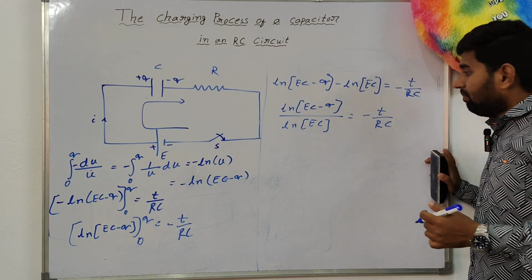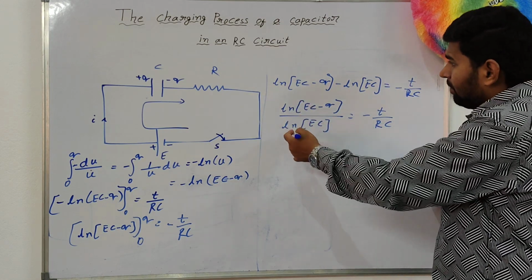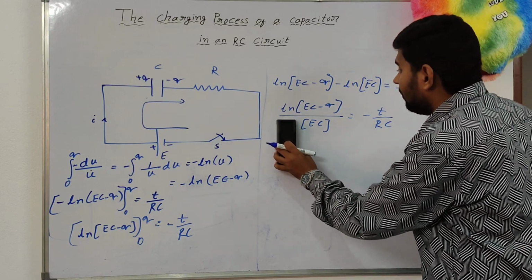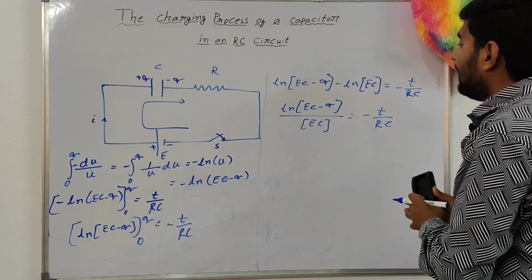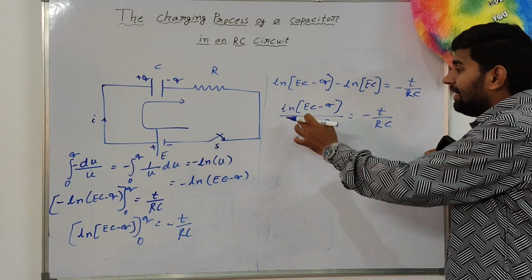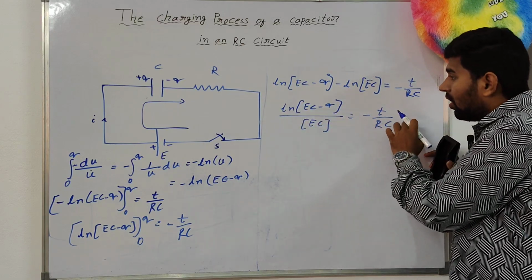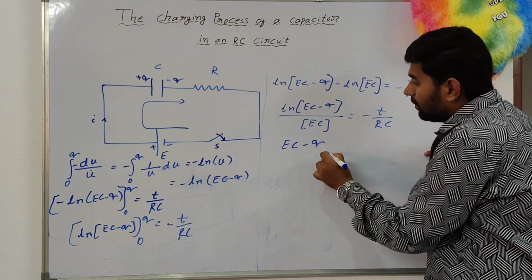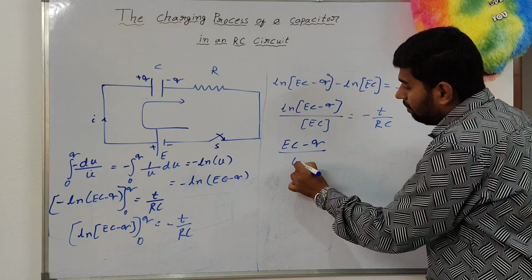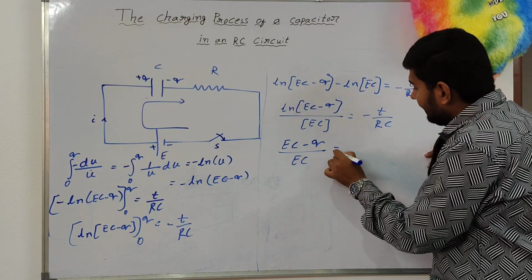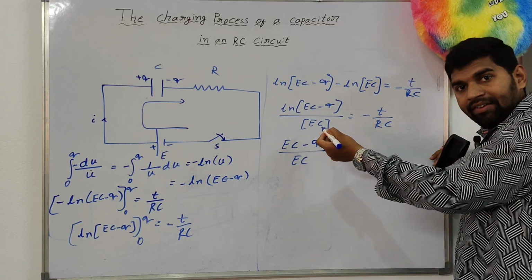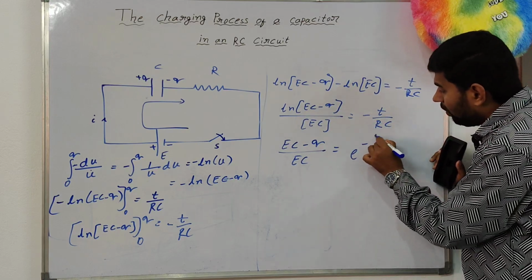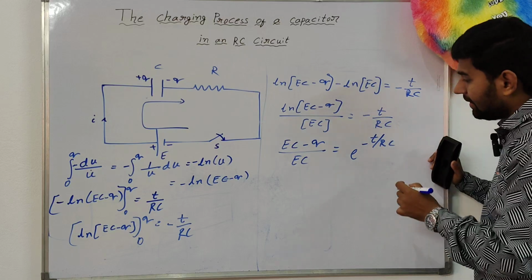If you observe this one, log A minus log B becomes log A by B, so ln of (EC minus q) by EC. If you transpose the logarithm to this side, it becomes (EC minus q) by EC is equal to exponential e power minus t by RC.